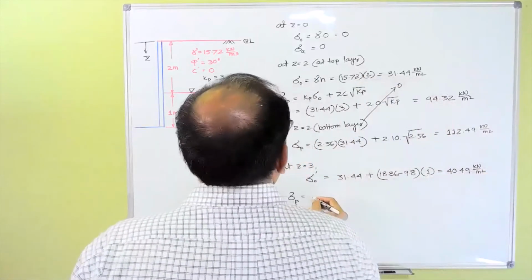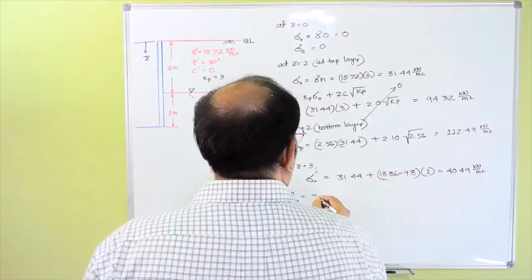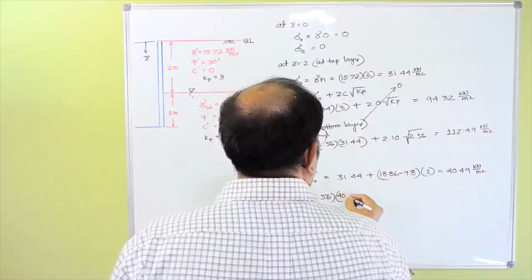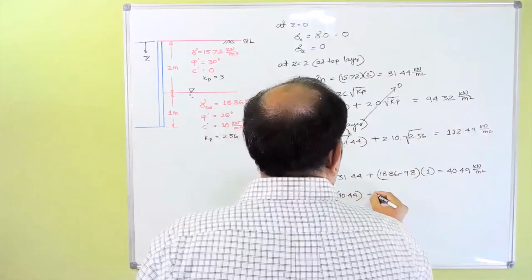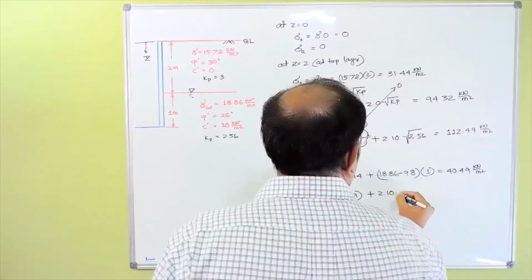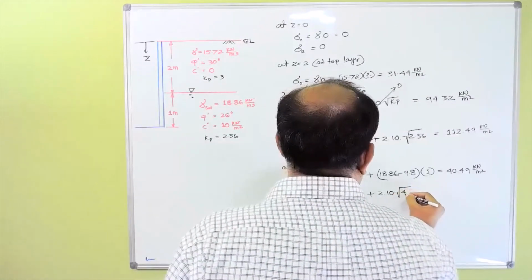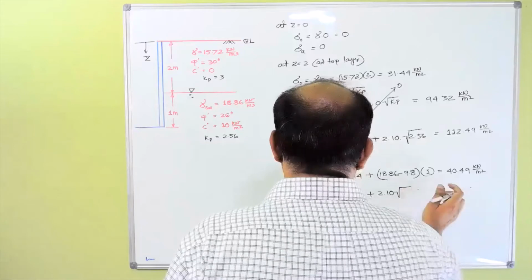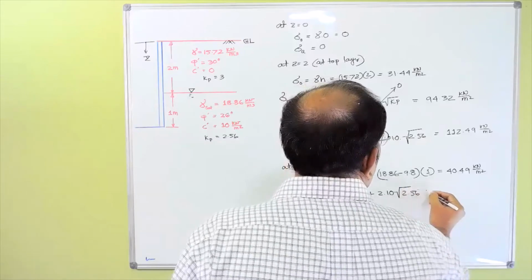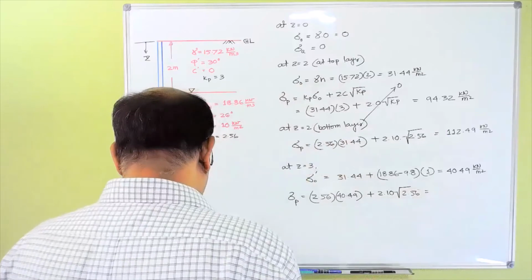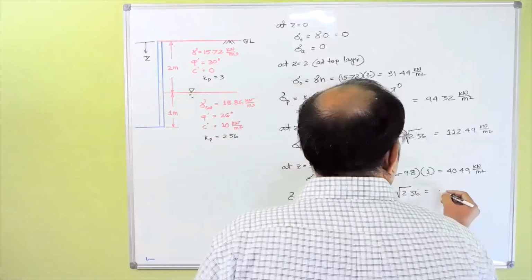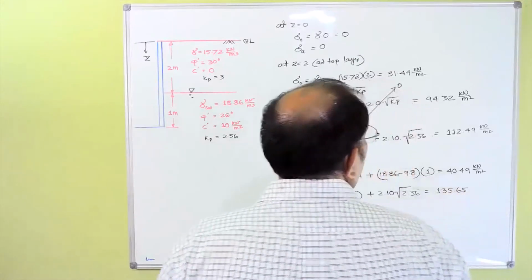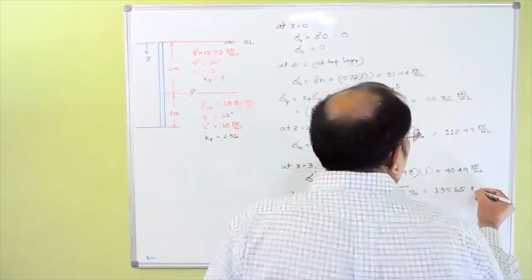So this one has to be 2.56 into 40.49 plus 2C root over, no, root over 2.56. So this one is actually 135.65 kilonewton per meter square.